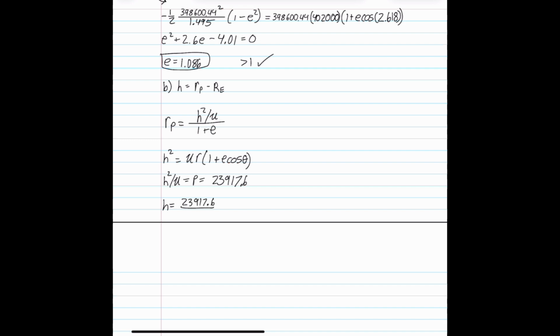And then in our expression h equals rp minus re, when we place h squared over mu in the expression for rp, we find that this expression is right here. And that simplifies down to this. And so the altitude is 5,087 kilometers.